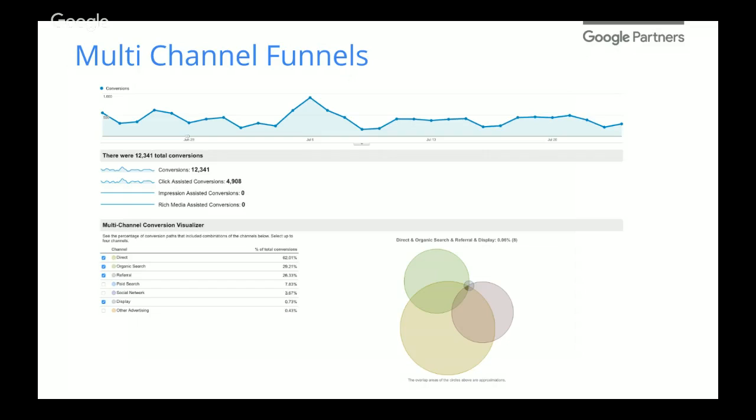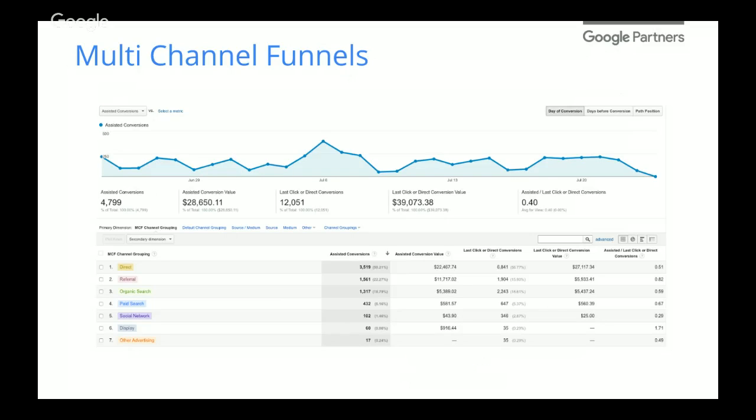Quite useful and quite a simple one to see where you're getting most interactions. As you can see here, direct is bringing in the most for this sample customer, and display is quite a small proportion there. You can see it in the middle there. It just visualizes it nicely. You can also see that you have assisted conversions up the top along with conversions.